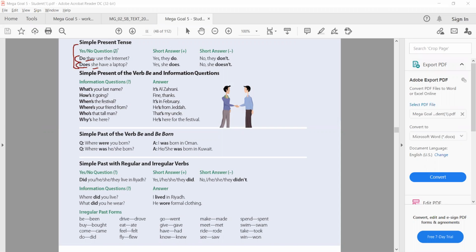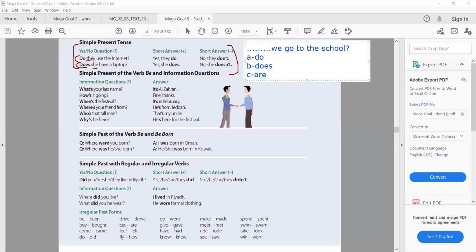If I bring it in the exam, it will be in the same way as the book. I will write this and I will say, for example, and then is it do, is it does, is it are?